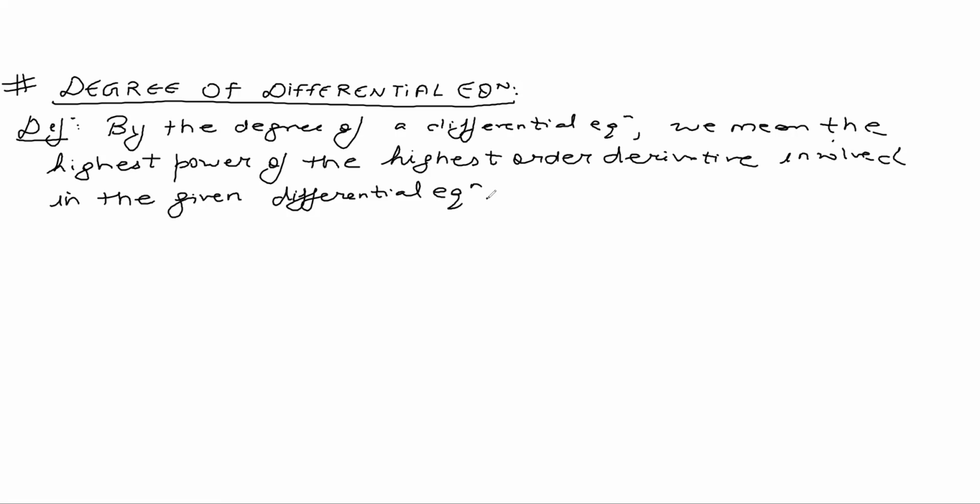If it is not, you cannot find the degree. So first it should be a polynomial in the derivatives. Then look at the highest order derivative, and among it, look at the highest power. That highest power is called the degree of the differential equation.